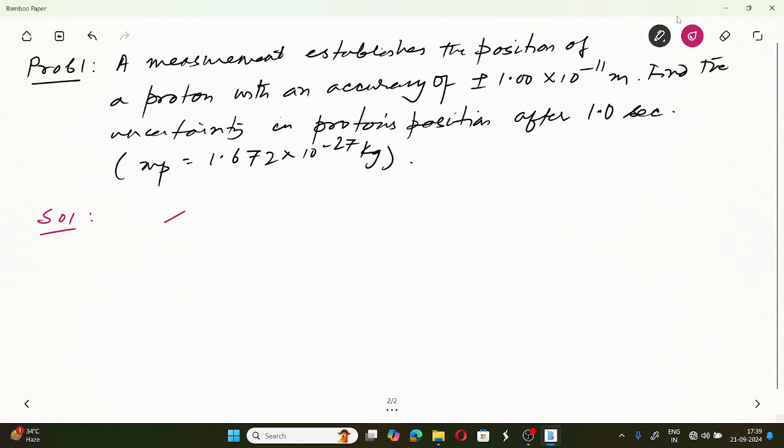So here, the uncertainty in the determination of position initially, that is, when t equals 0, at the time of measurement, let it be delta x 0. This is plus minus 1.00 times 10 to the power minus 11 meters. This is plus minus. What does it mean? It means that this is from minus 1.00 to plus 1.00, the order being 10 to the power minus 11 meters.